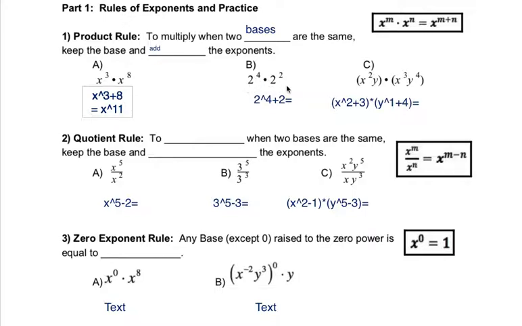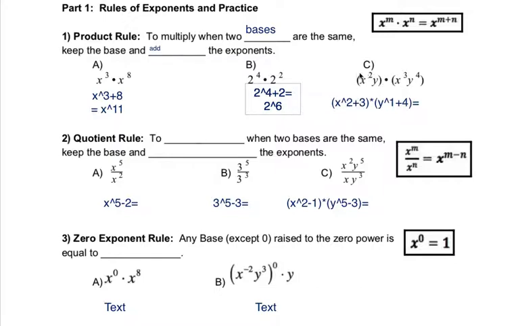Even though we don't have a variable here like x or y, these 2's are the same. They're matching, so they have the same base, so I add their exponents. So it becomes 2 to the 4 plus 2, so it would become 2 to the 6th.